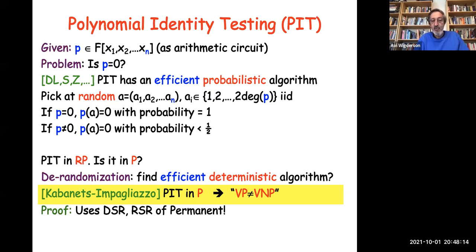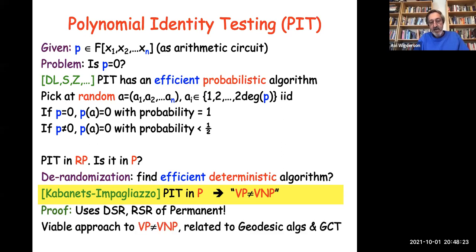Yes, I suggest you look at it. It's not really complicated with a basic knowledge of complexity theoretic tools. And what I want to stress is that this, for me, is a very viable approach to separating permanent and determinant.